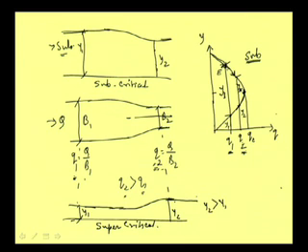Now, another situation we can have here is that suppose we are reducing the B, and we are reducing it to a point such that this B2 corresponds to the critical depth. What do we mean by that? When we are reducing the B, with the reduction of B, our Q is increasing.